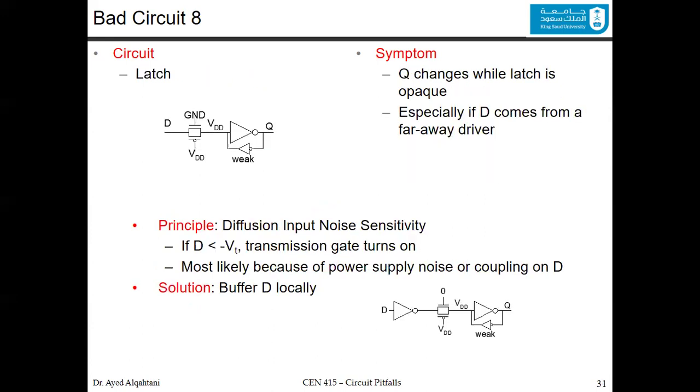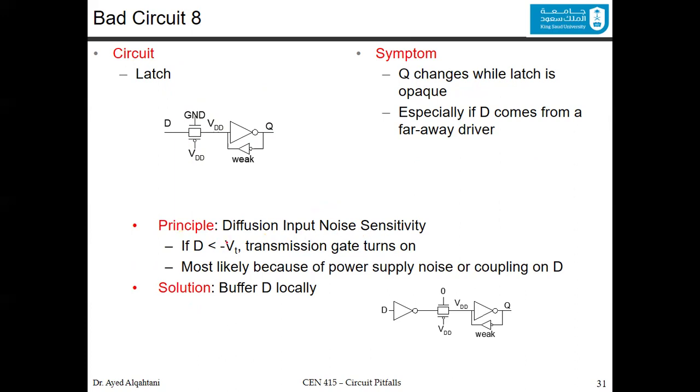Now, this is bad circuit number 8. Again, this is a latch, and here we don't have phi and phi bar as in the previous example. Here we have ground and VDD. The symptom: Q changes while the latch is opaque, especially if D comes from a far away driver. Again, you are not protecting the D. By protecting the D, I mean you need to add an inverter. The principle here is diffusion input noise sensitivity.